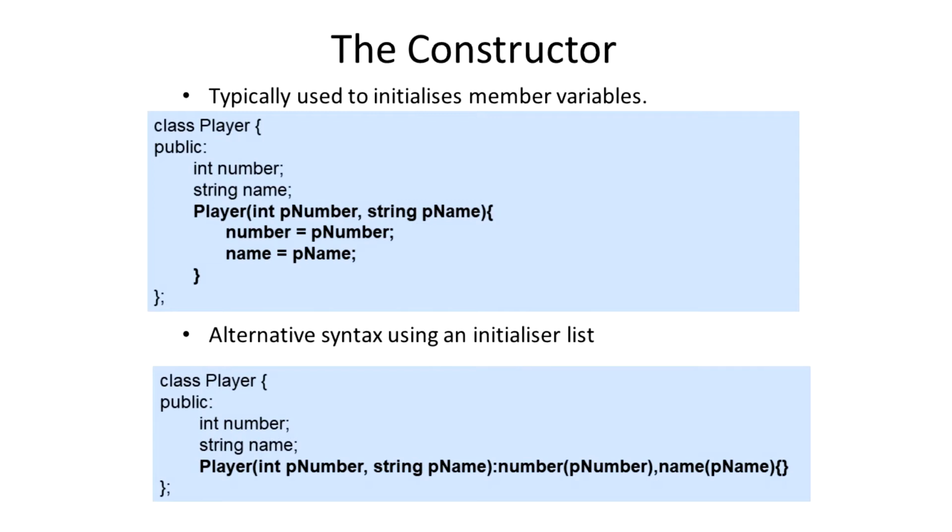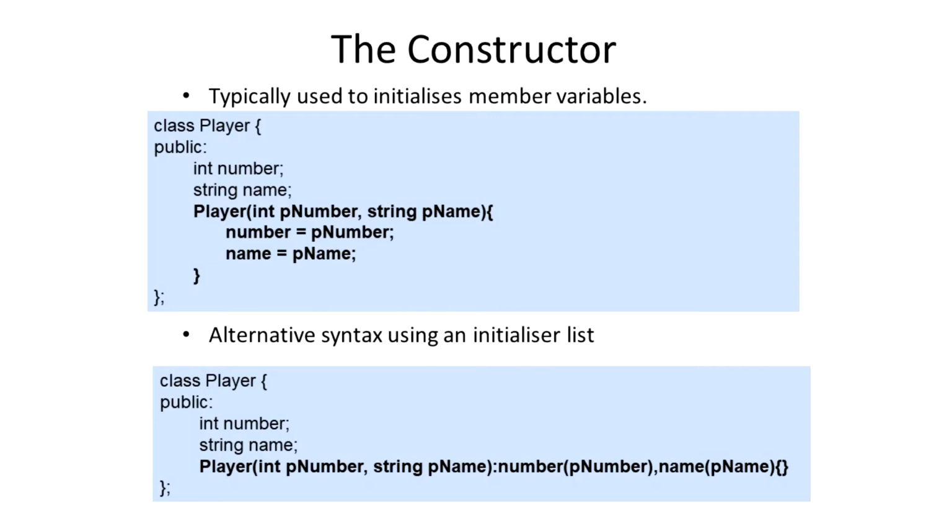If you have a look at the player constructor here, you'll see that we actually have the same parameter list, but then we have a colon and then assign the player number to number, which is the data member, and then the player name, pname, which is going to be passed to this constructor in the parameter list, we'd actually then assign that to the name attribute, the name data member for the class.